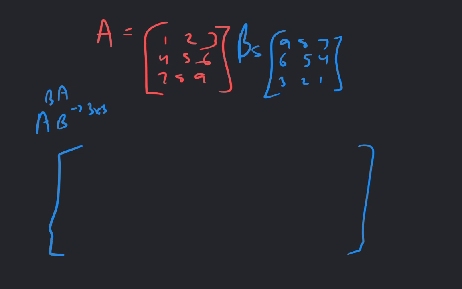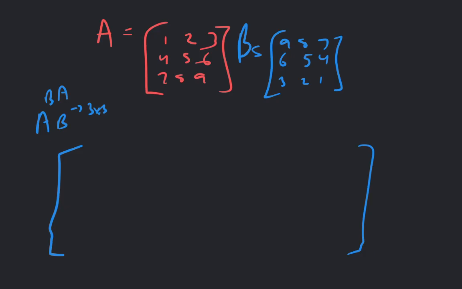So multiply this by this to get this. So 1 times 9 plus 2 times 6 plus 3 times 3.